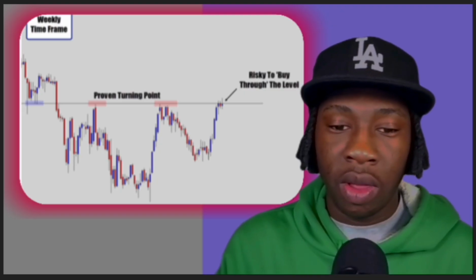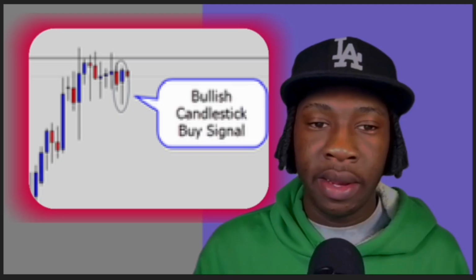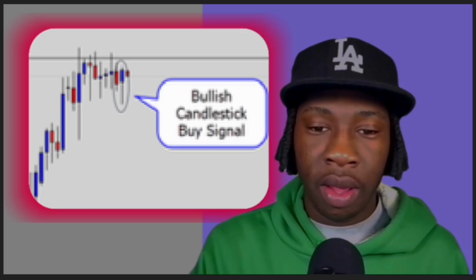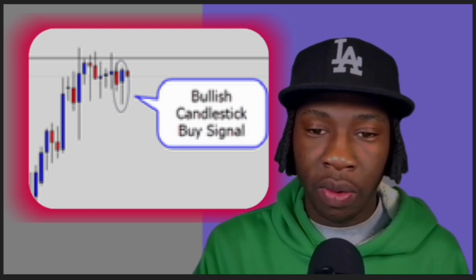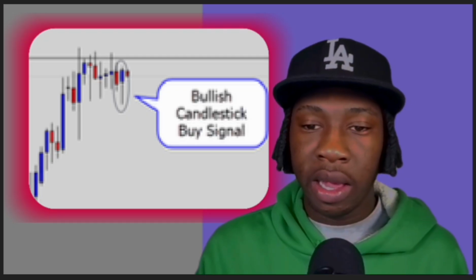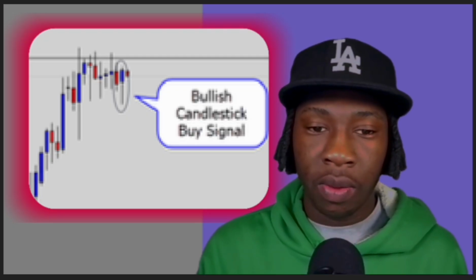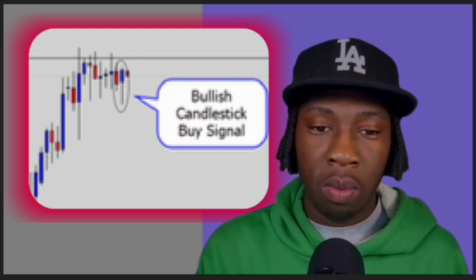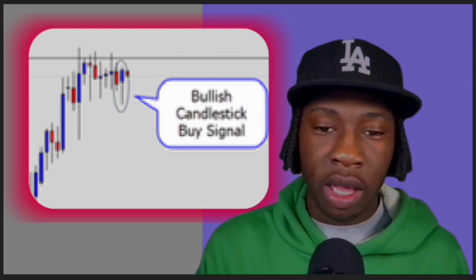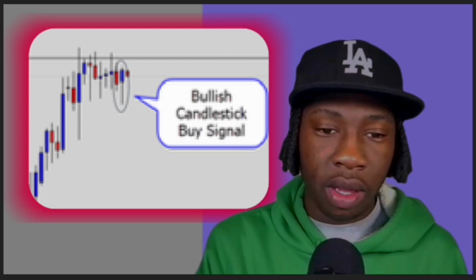Now let's switch to the daily time frame to see what is going on in the market. So this is a daily time frame. Here on the daily chart, we have a clear pin bar candlestick pattern that indicates a bullish signal. If you focus on just one time frame to make your trading decision, you buy the market because there is a clear pin bar signal.